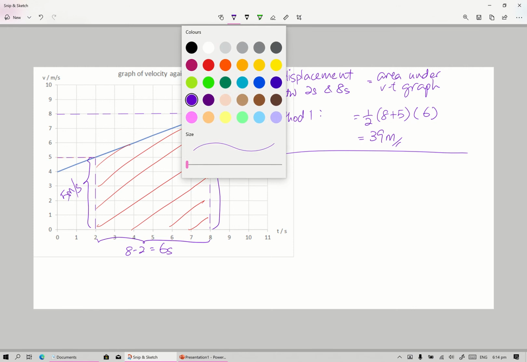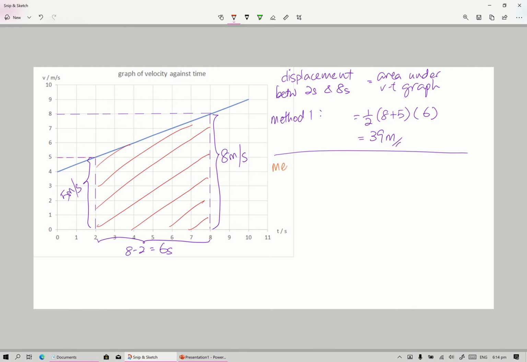I'll show you a second method. So you have method 2. Many students don't like trapezium, but they would like to break up the trapezium into a recognizable triangle and a rectangle. So here I'm going to break it up into a triangle and a rectangle.